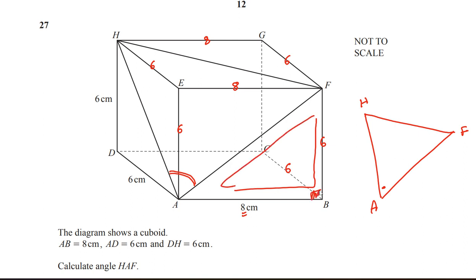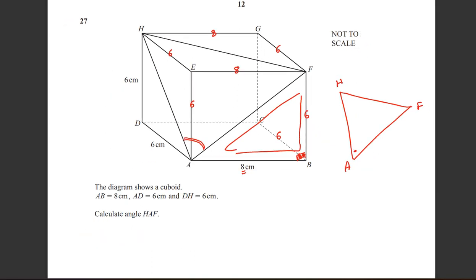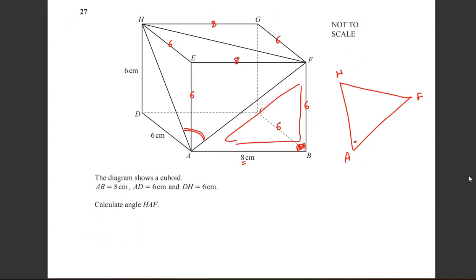AF will be the hypotenuse. So root of 6 squared plus 8 squared, which is 10 centimeters. Same for HF, the upper one. HF equals 10 centimeters.